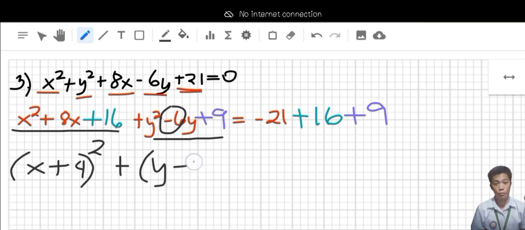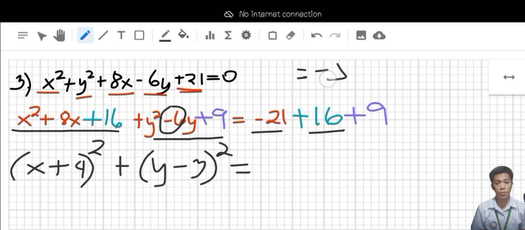Then the factor of that equation is (y minus 3) squared. Negative 21 plus 16 is equal to negative 5. Negative 5 plus 9 is equal to positive 4. Note that in adding and subtracting numbers, you are going to copy the sign of the biggest number.